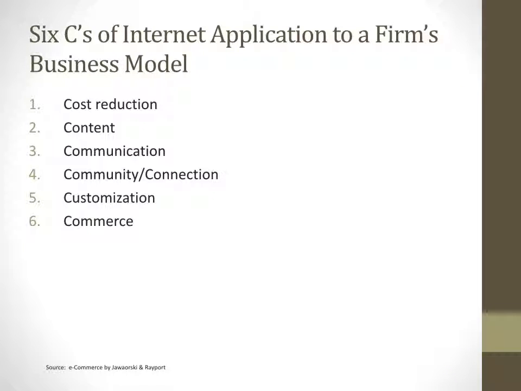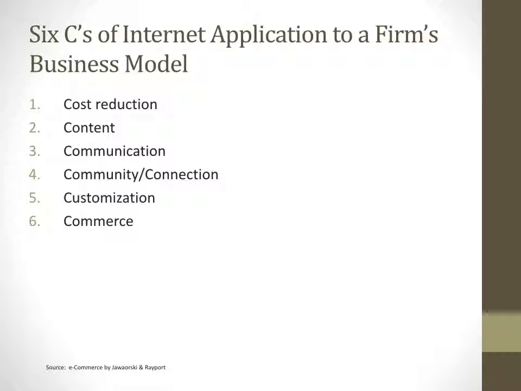So how does it do this? Well, there are 6 primary attributes or applications of the internet to a firm's business model. That is cost reduction. It can reduce costs in all kinds of dimensions. It allows them to provide much more content, whether advertising or information about their products or services.